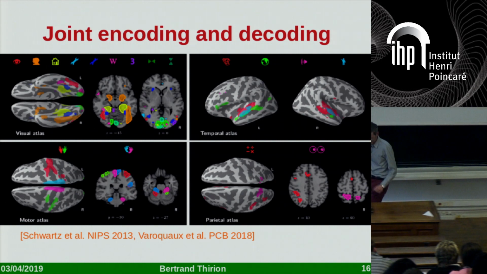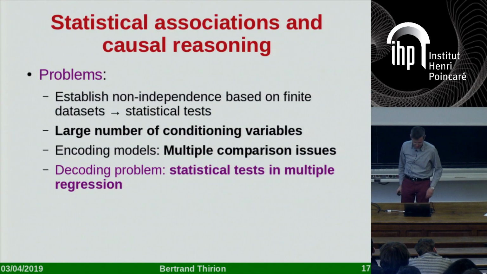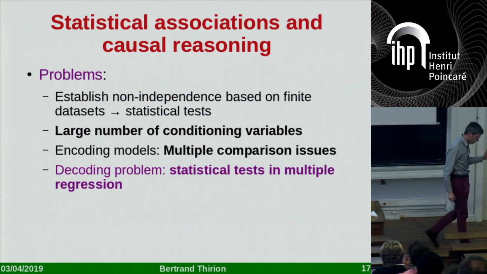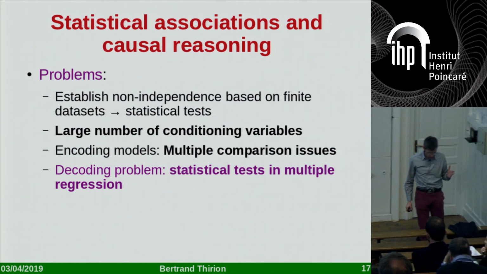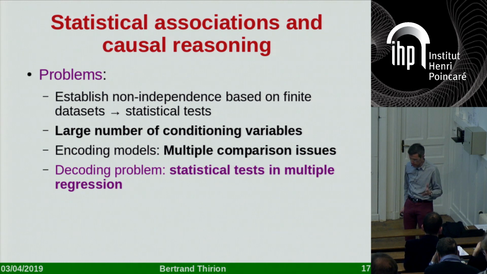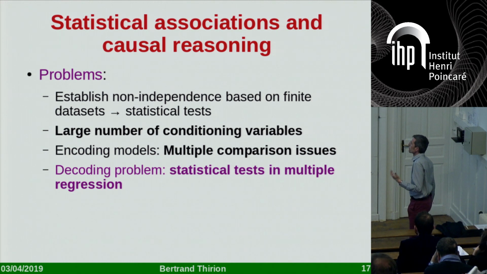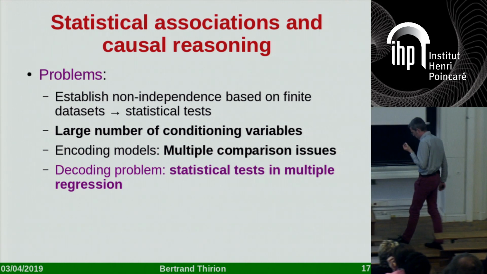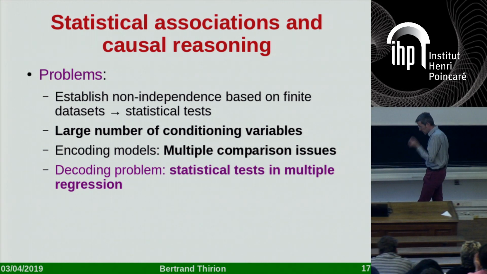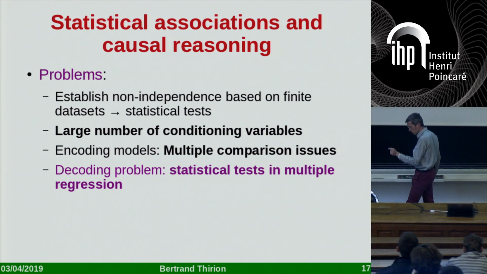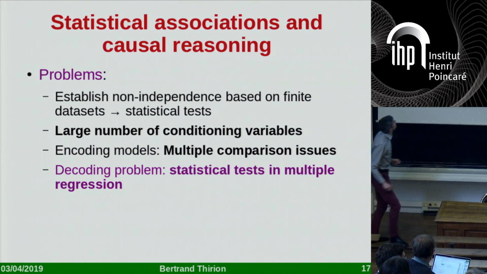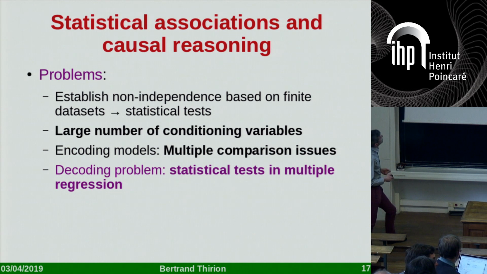Okay, these are nice images. Maybe this is not really what is of interest to you, but this is really the motivation for us. We need to have good decoding models, so what I could also call reverse inference, on which you can study statistically the conditional association between a given brain voxel and the task that was presented. So we'll have to do statistics.